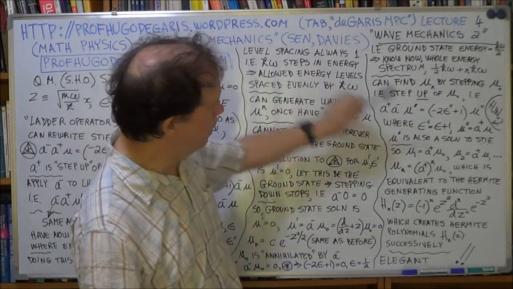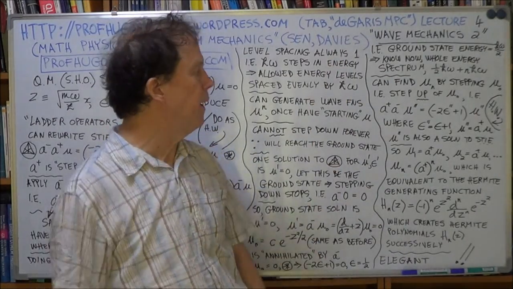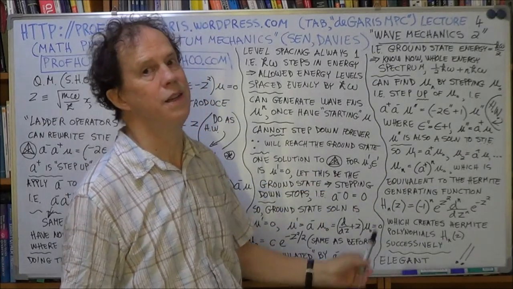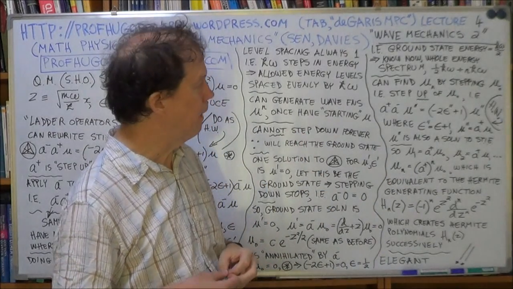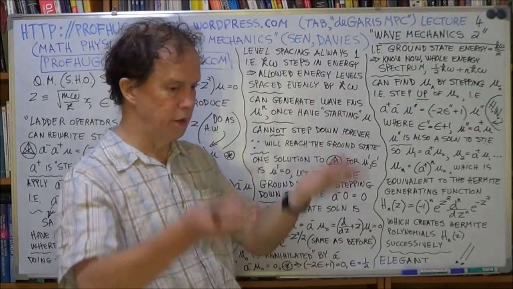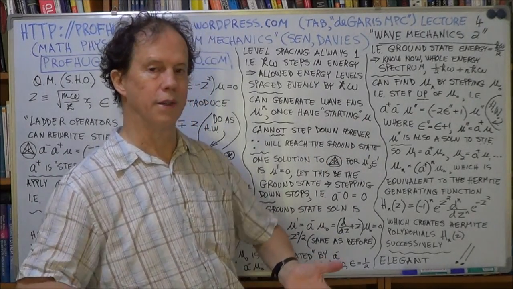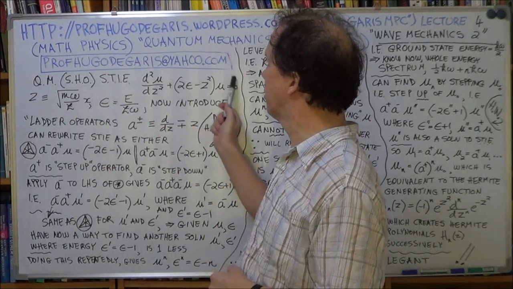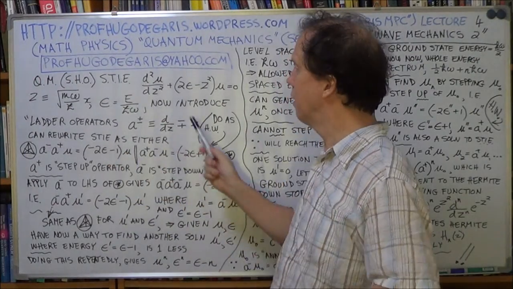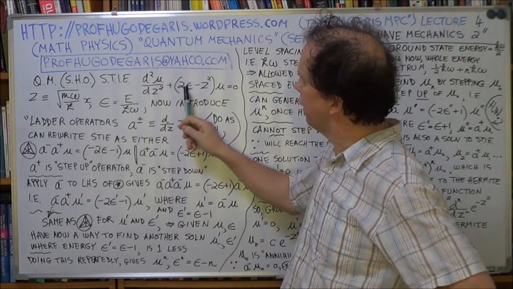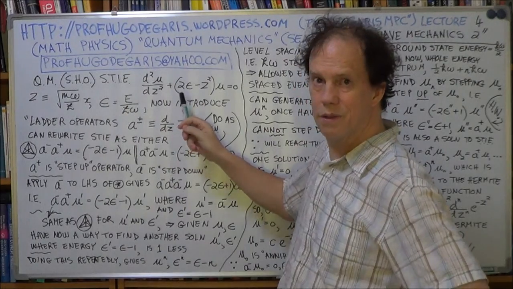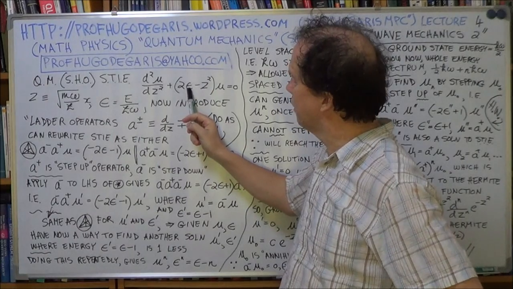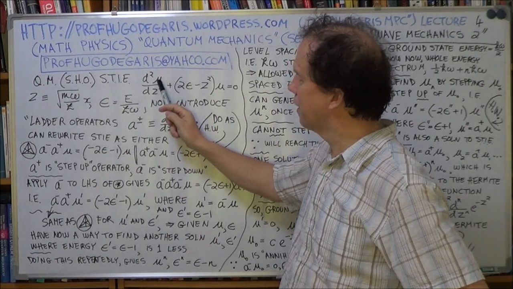So this general technique of stepping up and stepping down gets used a lot in the future. It's a very handy, very powerful technique, because just by using these stepping up and stepping down operators we are able to solve the Schrödinger equation, in effect. By solving it, what do I mean? Well, finding the allowed energy levels, quantized in quantum mechanics, and for the corresponding eigenvalue, what is the corresponding eigenfunction?